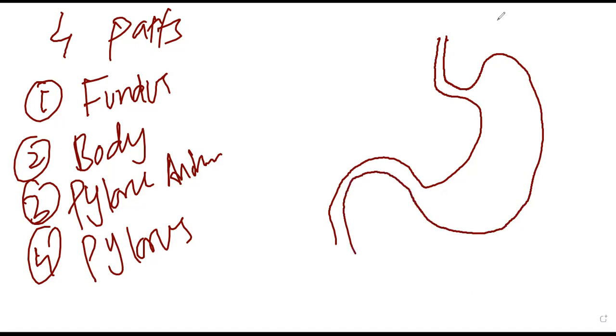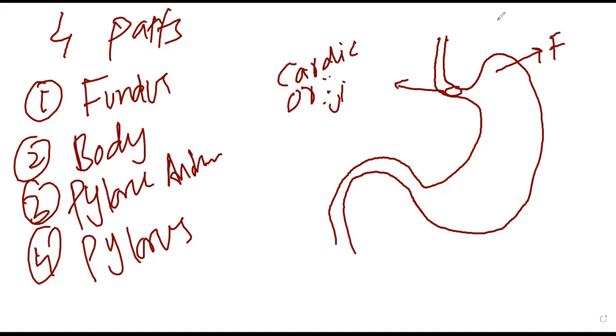So the first part of the stomach is fundus. And fundus is dome shaped and projects upward and to the left of the cardiac orifice. Here, the cardiac orifice is present. Cardiac orifice.